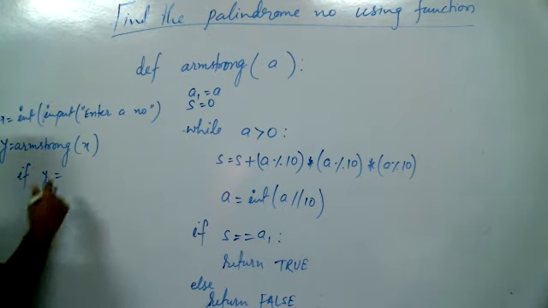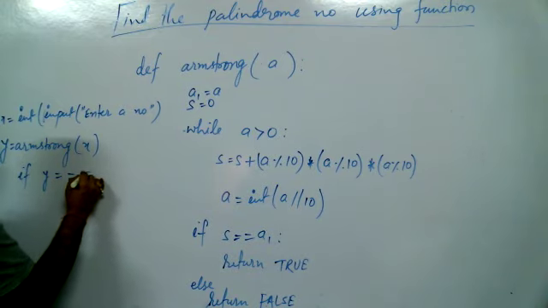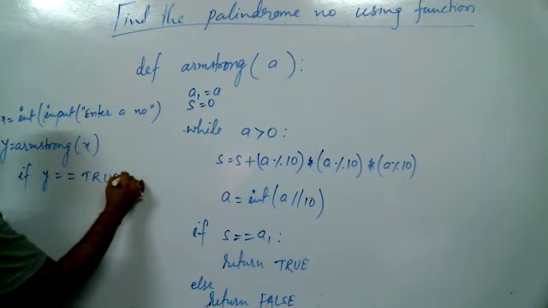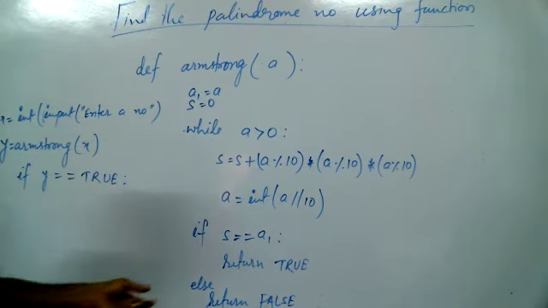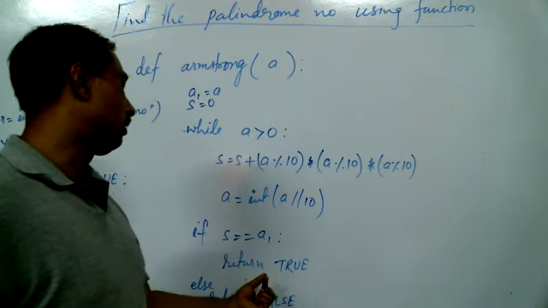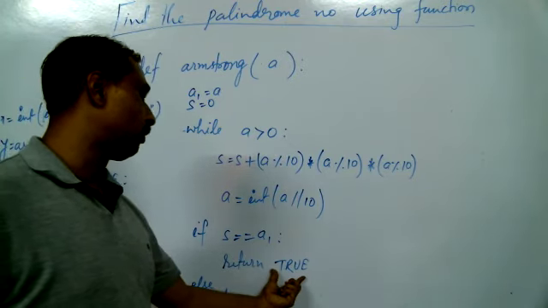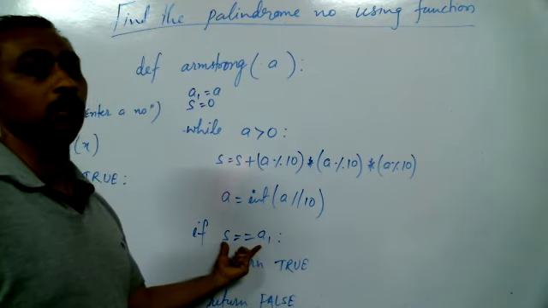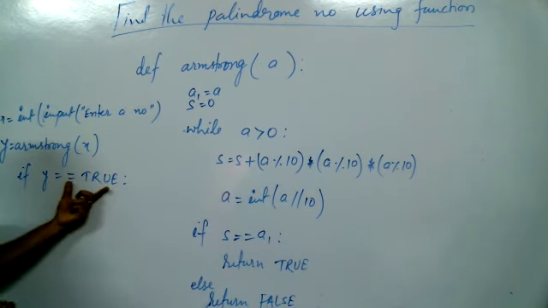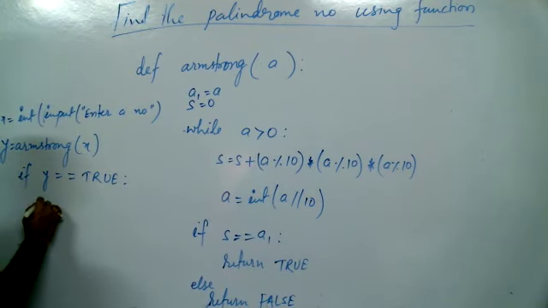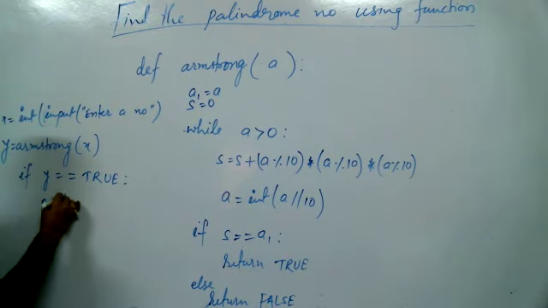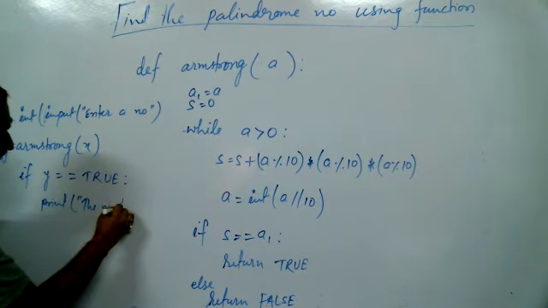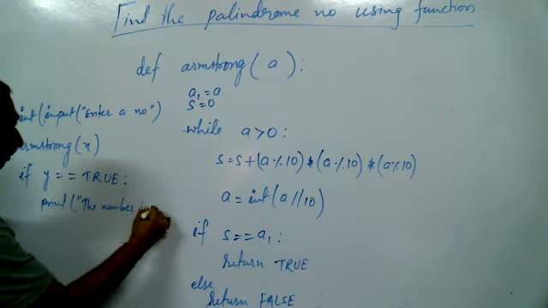Okay, if y equal to true, then when this true is getting returned, when the number is an Armstrong number, we will print the number is Armstrong number.